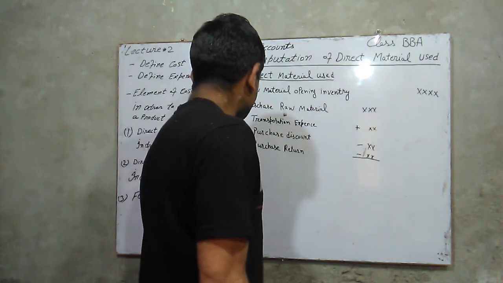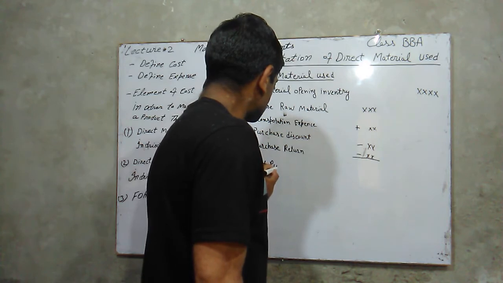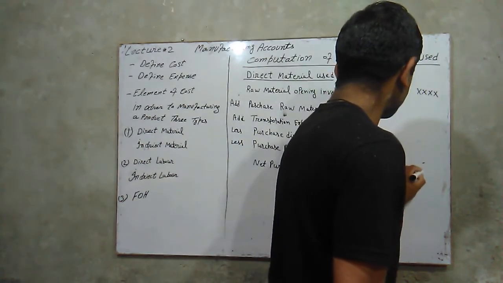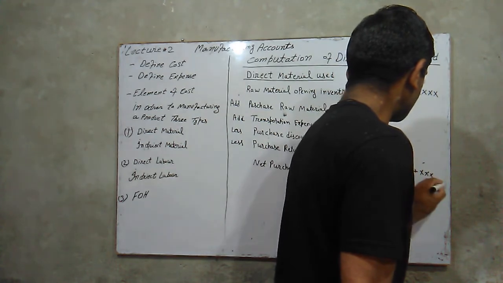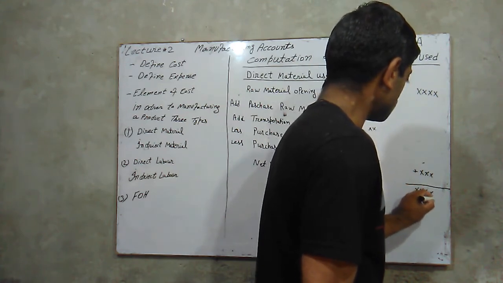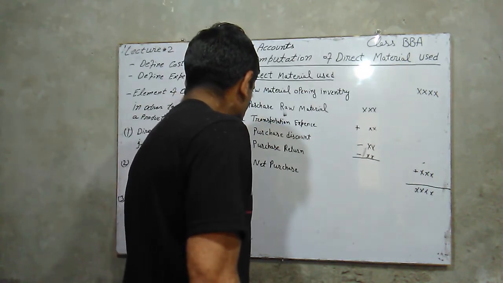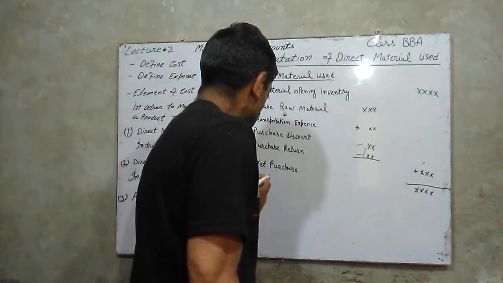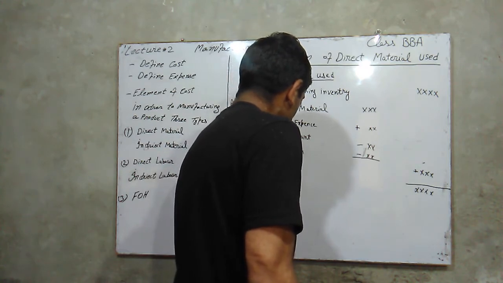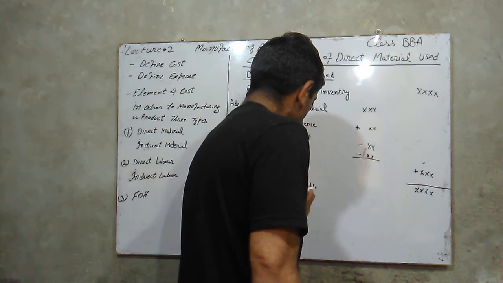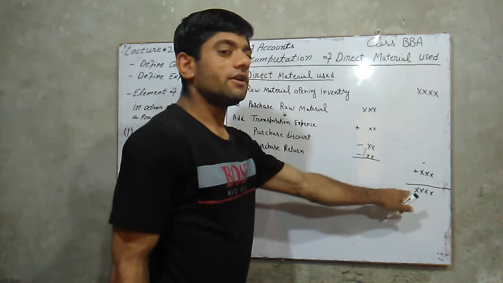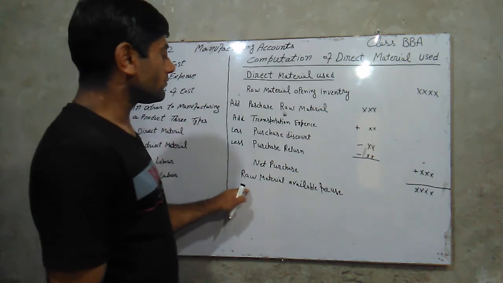So we find our net purchase value. Add opening inventory, and we find raw material available for use. So we find out direct material use.